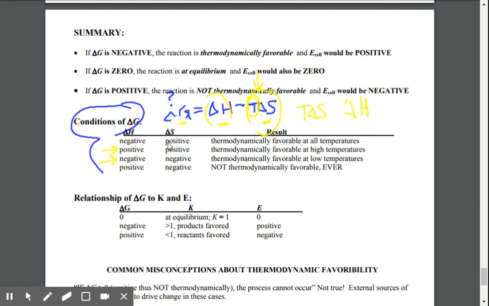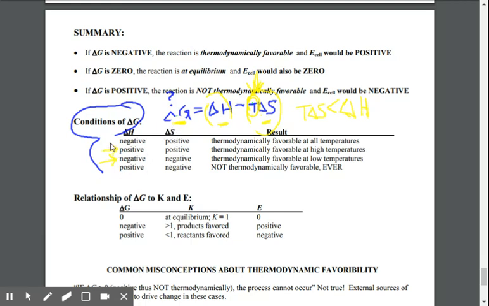So that is why in this scenario, when delta H is negative, delta S is negative, we say that we are thermodynamically favorable, delta G will be negative only at low temperatures. Because if I have a low temperature right there, what that is indicating is that my delta H quantity will be greater than my T delta S quantity, which will make my delta G negative.